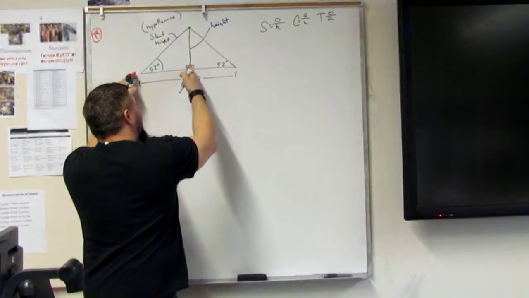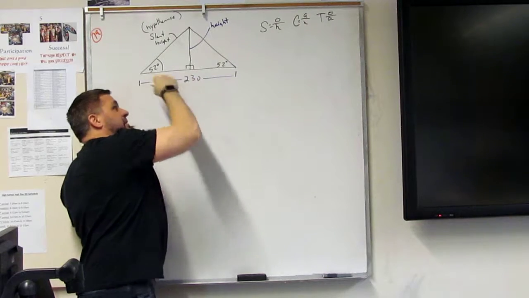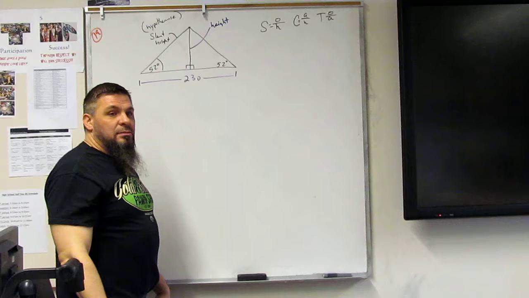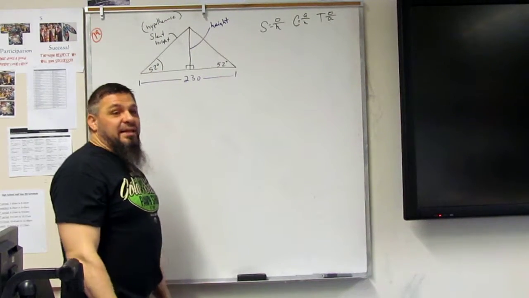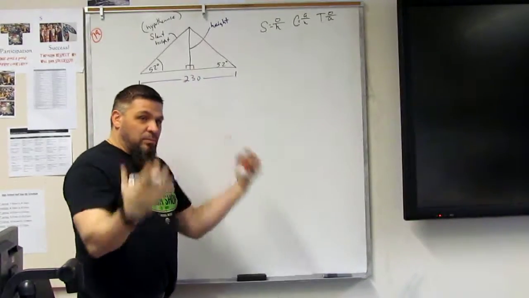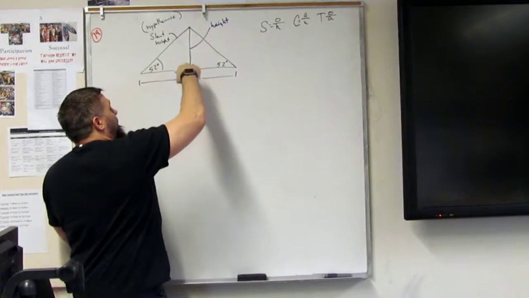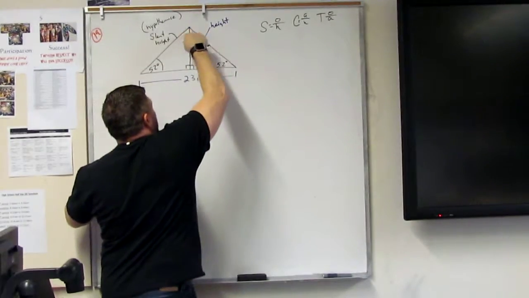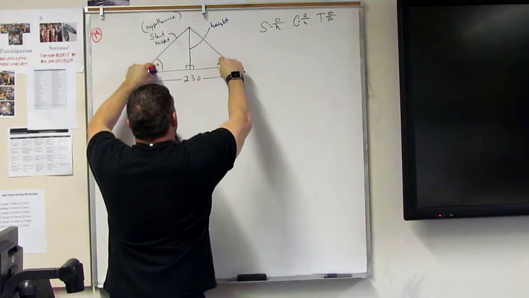I can get this one, though, don't you think? How long is this? Yeah, 115. It's actually a perpendicular bisector that we should know from geometry. If it's perpendicular, it bisects this in half, because this is 52 and this is 52.